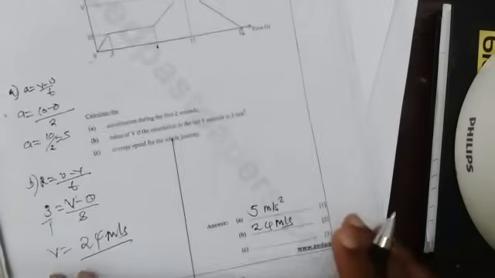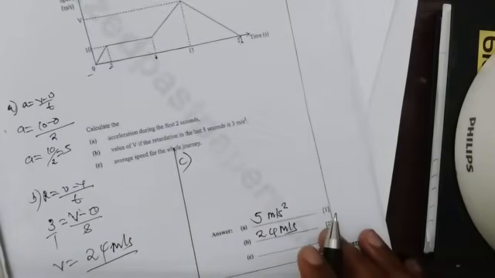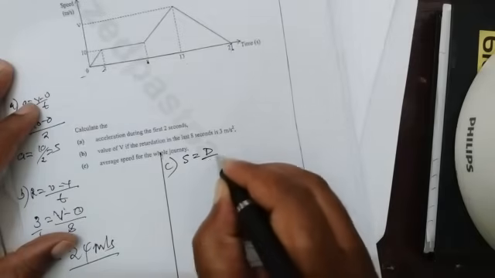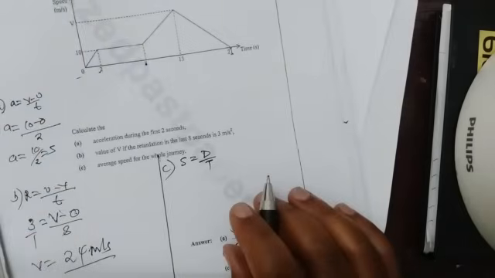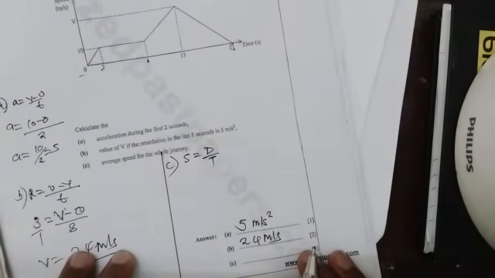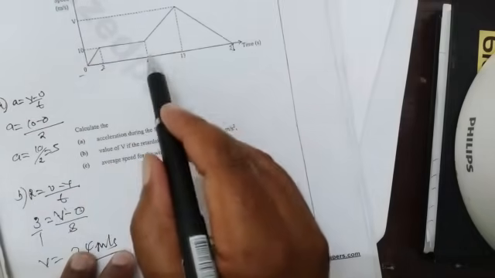Alright? We go to C. We need to get the average speed for the whole journey. So average speed is distance over time. So we must find our distance here. How do we do it? You must find this distance here plus this distance plus that distance.